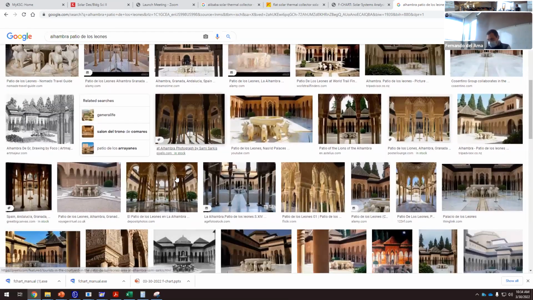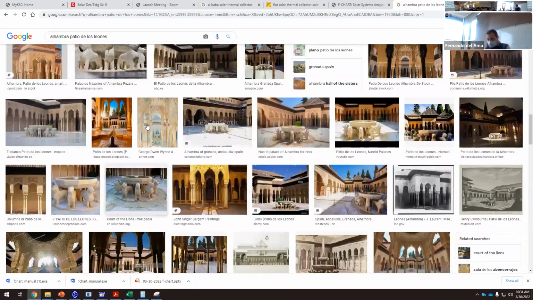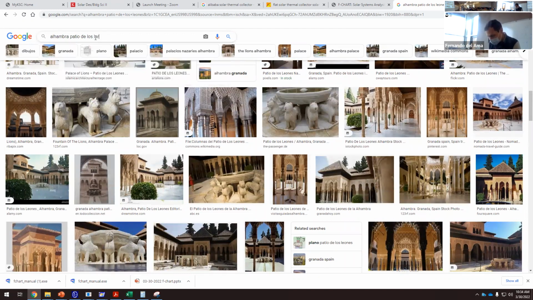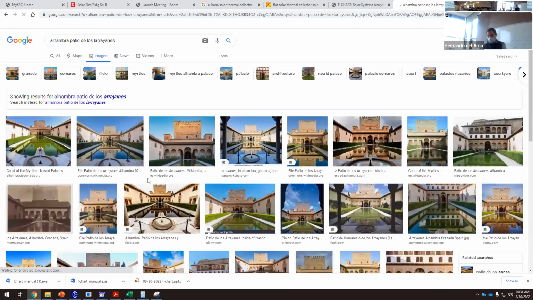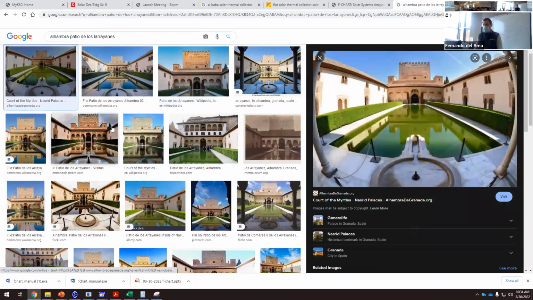Everybody loves it, it's el patio de los leones and el patio de los arrayanes. Everybody loves water, reflection.